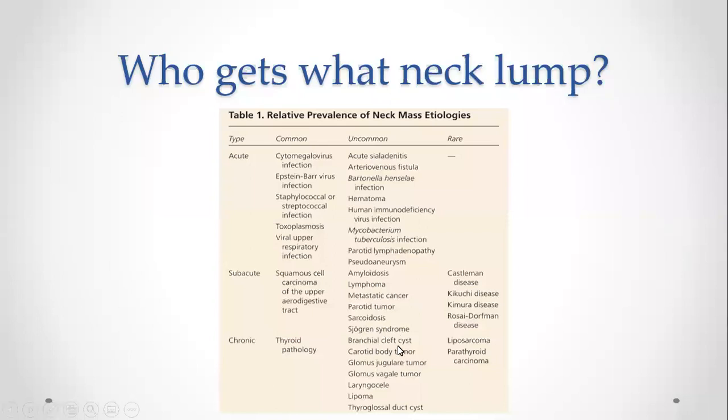These are the branchial cysts, and these are congenital cysts. This is a carotid body tumor, a chemodectoma. Another chemodectoma is the glomus jugulare tumor, glomus vagale tumor, and then lipoma and thyroglossal cysts.